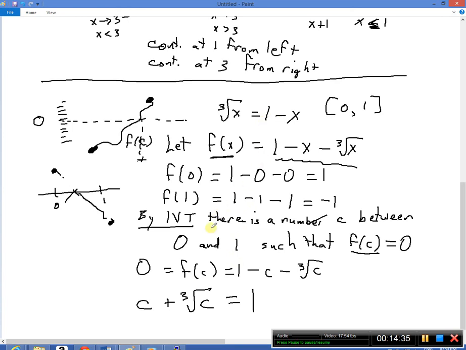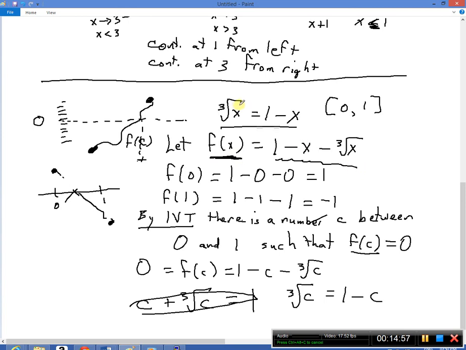Oops, I wrote it differently. Let's try that again. I want to match this. So the cube root of c I'll toss to the left. So that means cube root of c equals 1 minus c. And that's the solution. c solves this equation because c made this function equal to 0.